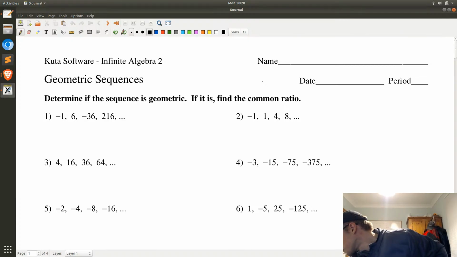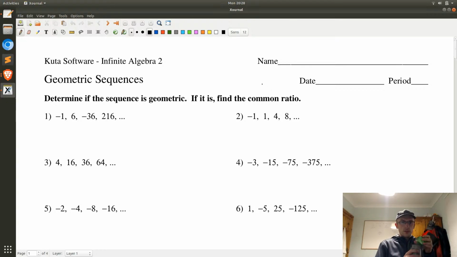But before that, I'll have a sip of water. So they say, determine if the sequence is geometric, and if it is, find the common ratio. Challenge accepted.